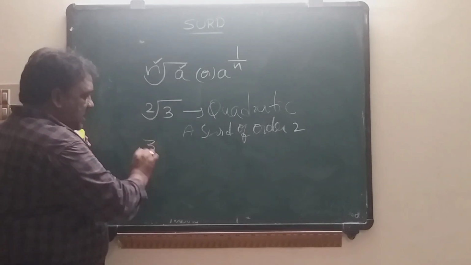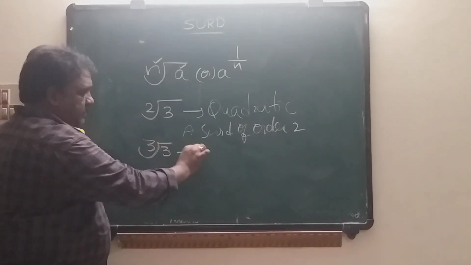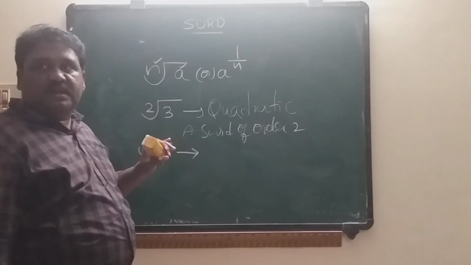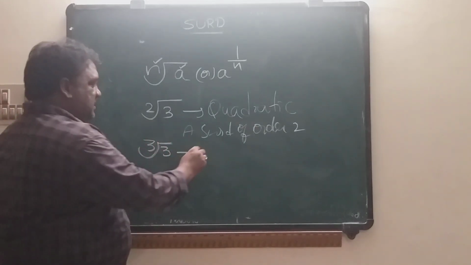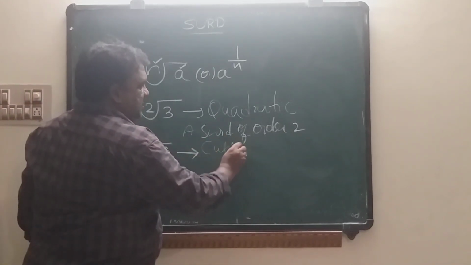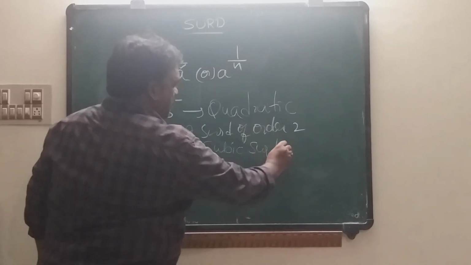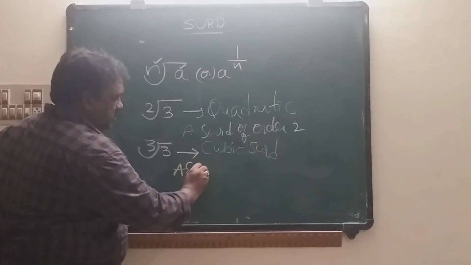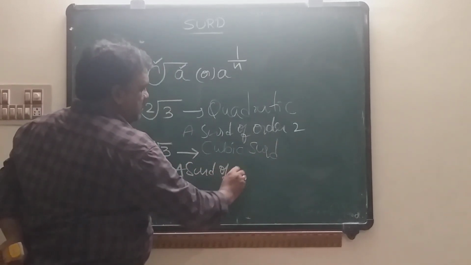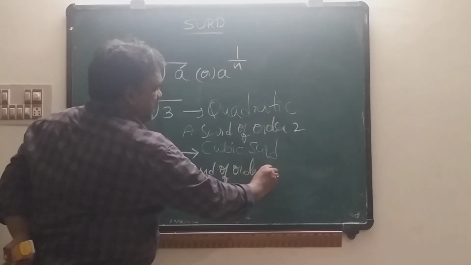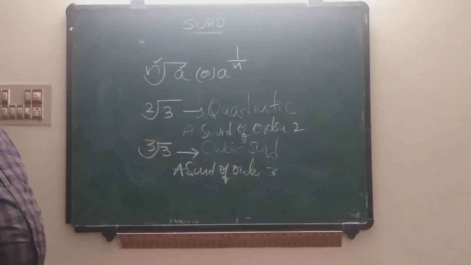A surd of order 3 is known as a cubic surd. Define cubic surd. A surd of order 3 is known as a cubic surd.